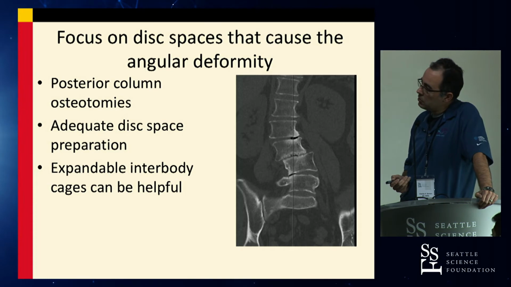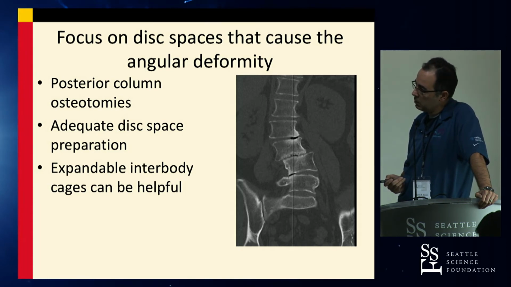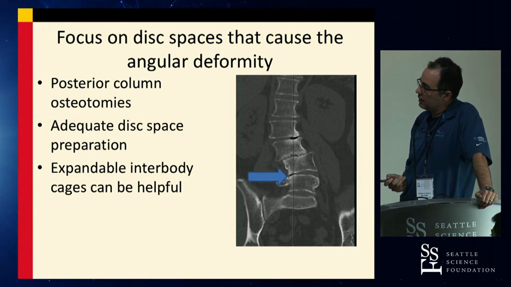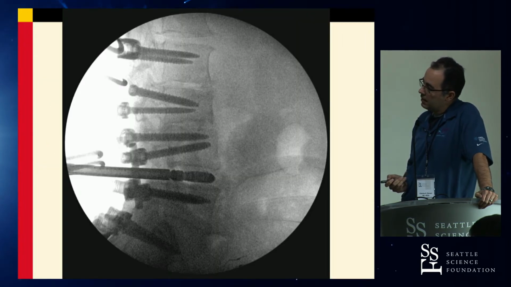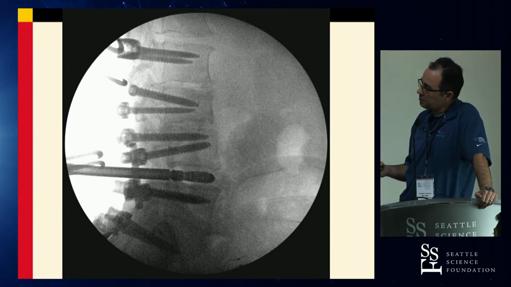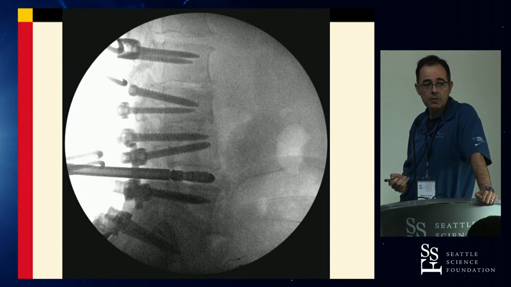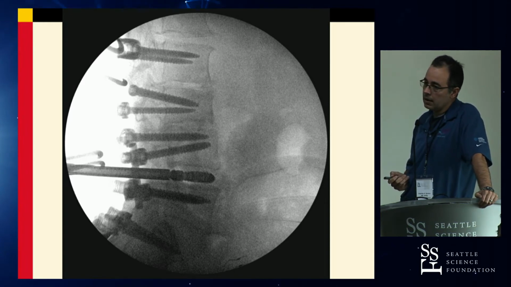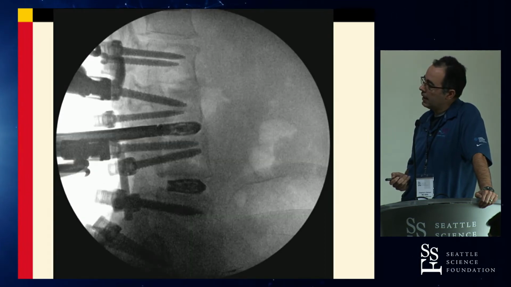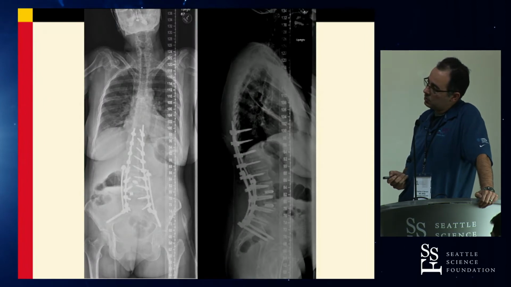so we decided to try to do some intradiscal work with expandable cages and taking advantage of a few of these hypermobile areas. And this is similar to what Jens presented yesterday with regard to trying to put these expandable cages into the disc spaces to increase the anterior column and obtain a better sagittal alignment.